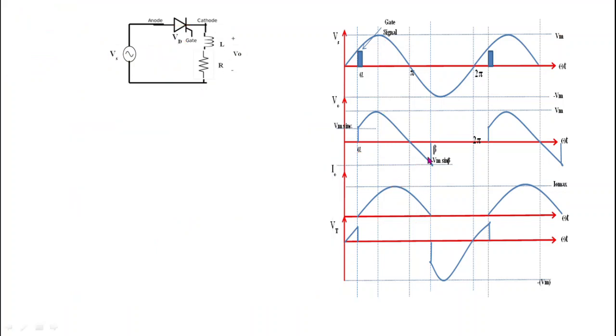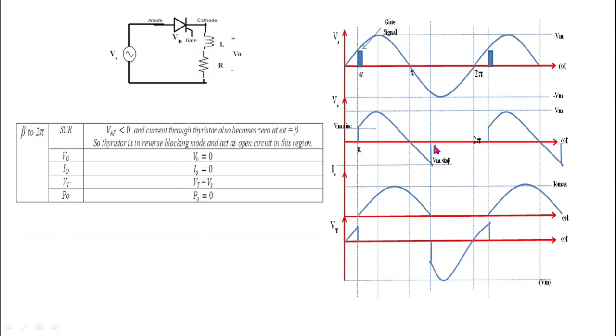Now we will see the operation of this circuit from beta to 2 pi. At omega t equal to beta, what happens? This current I naught becomes 0.